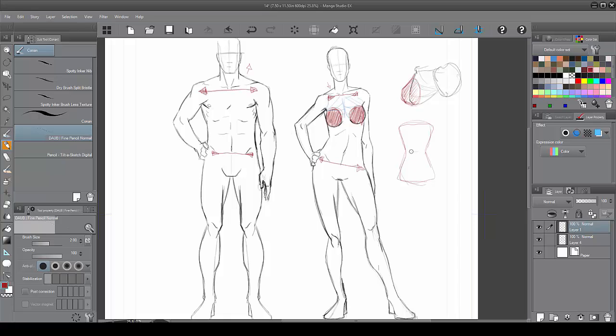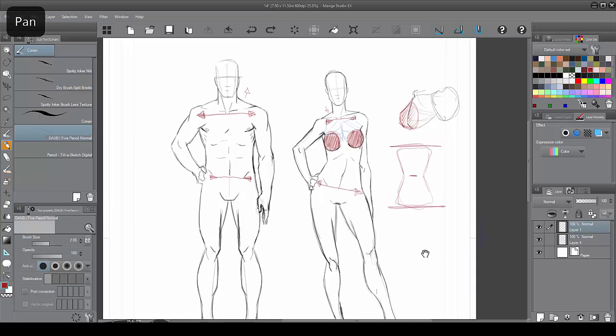So we want thin here, thick here. Okay, again, generally you can draw women that don't have that. And again, you could draw men that have that as well, depending on what the character is that you are drawing.